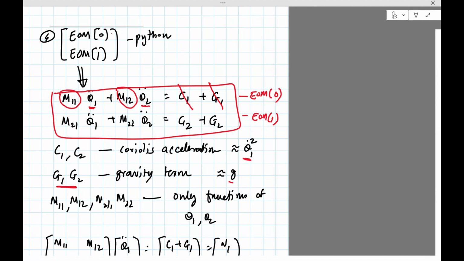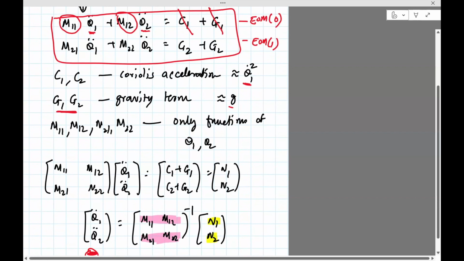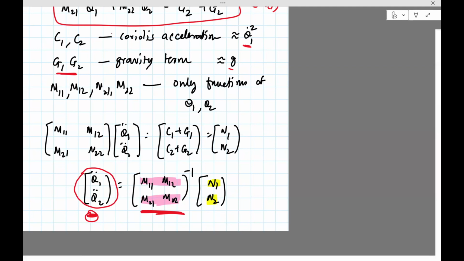That's what you'll see in the code. I keep subtracting things out, and that's how I'll get M11, M12, M21, M22. The code will probably explain this better. Now, once you get M1, M2, you could do this inversion. This mass matrix doesn't look too bad, but when you take the inverse, that thing blows up. If you try to take the inverse symbolically, that whole term, N1 into symbolic, will run into maybe a page or so.